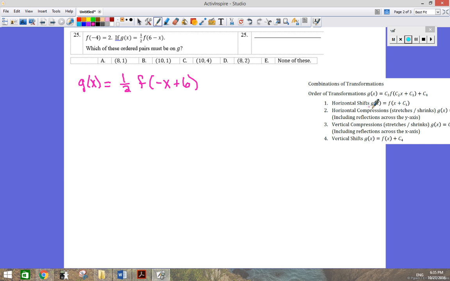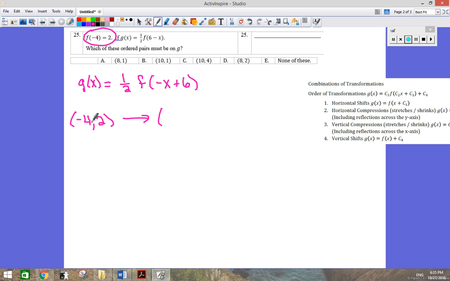So do I have a horizontal shift? Yes, because I'm adding to the x-coordinate. So I'm starting here at this point with negative 4, comma 2 is on the graph of f, and through a series of transformations, we're going to come up with a point that we can guarantee is on the graph of g. So we shift this horizontally. The plus 6 is actually to the left.